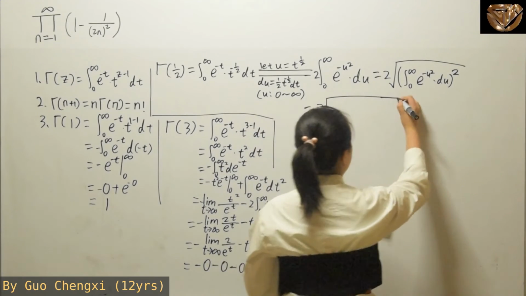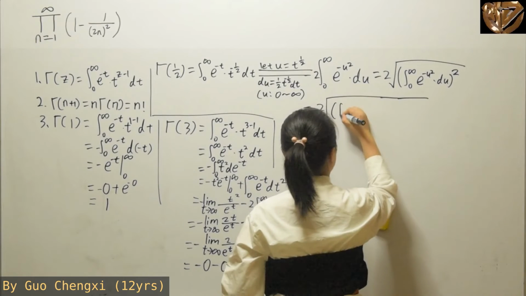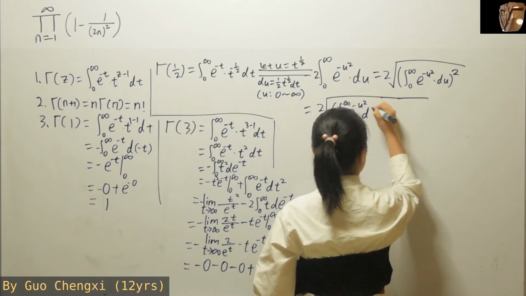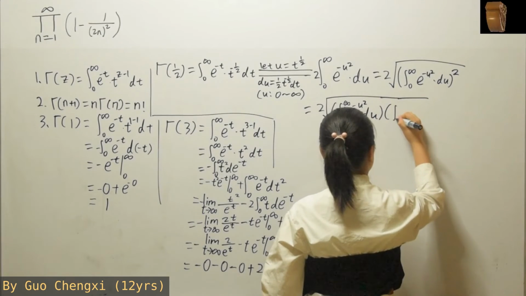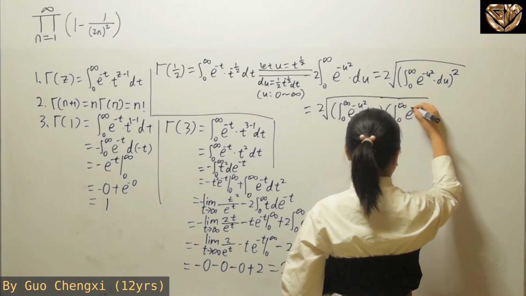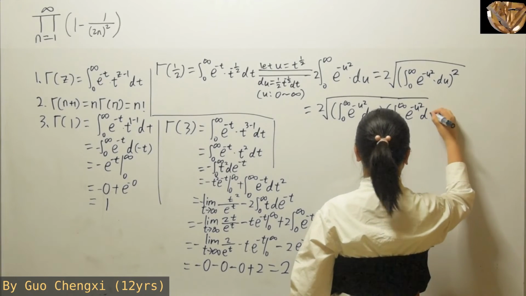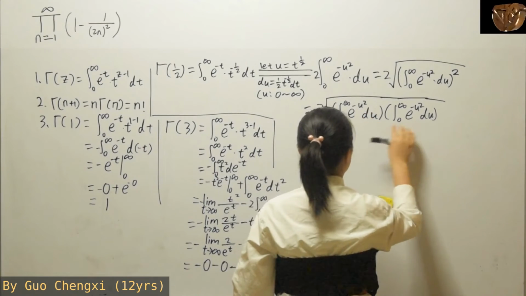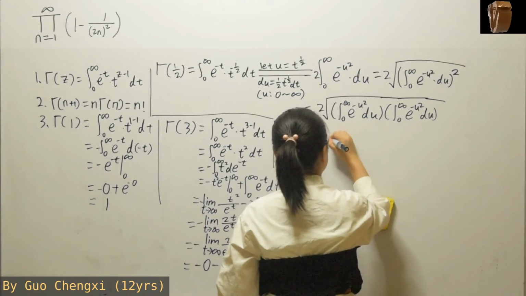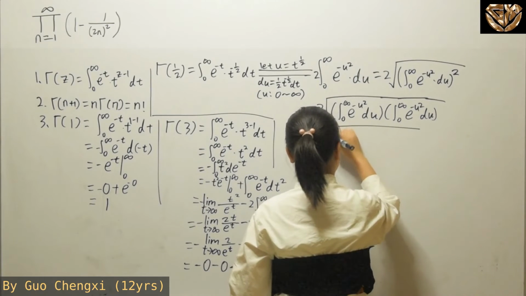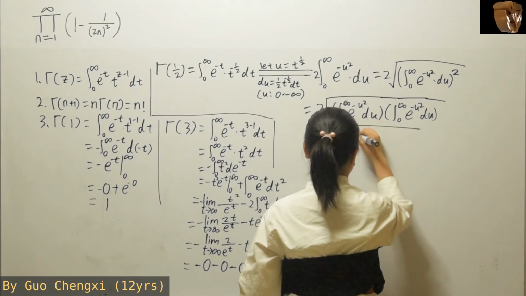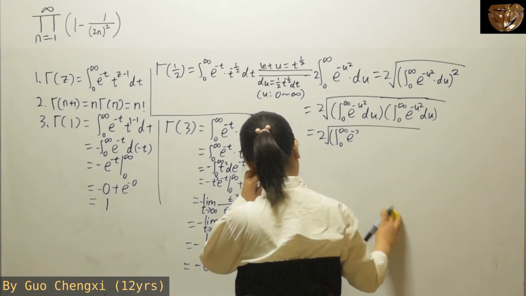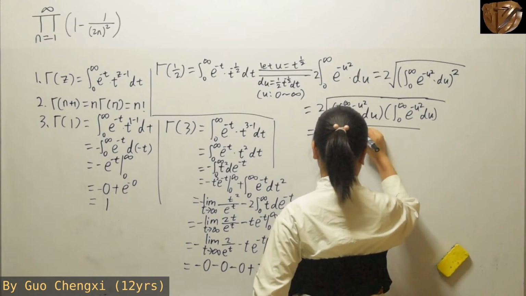You can put these two apart and change the variable for here and here, which you will get 0 to infinity e to the power of, as I told you, no matter what letters you put, it's still going to get subbed in.